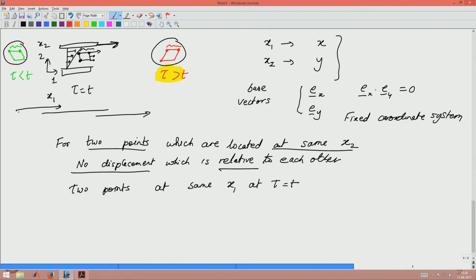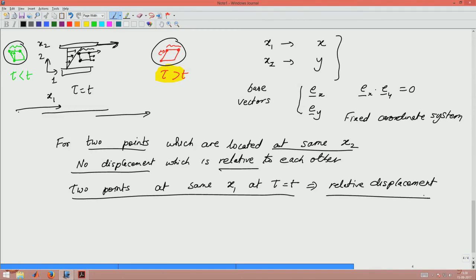One is displaced by some amount. Similarly, when it was in the past the 2 points had been displaced, while in the present time they are at the same x1. So, clearly now there is a relative displacement. So, we can see that for the displacement tensor, some of the components are 0 and some other components are non-zero.